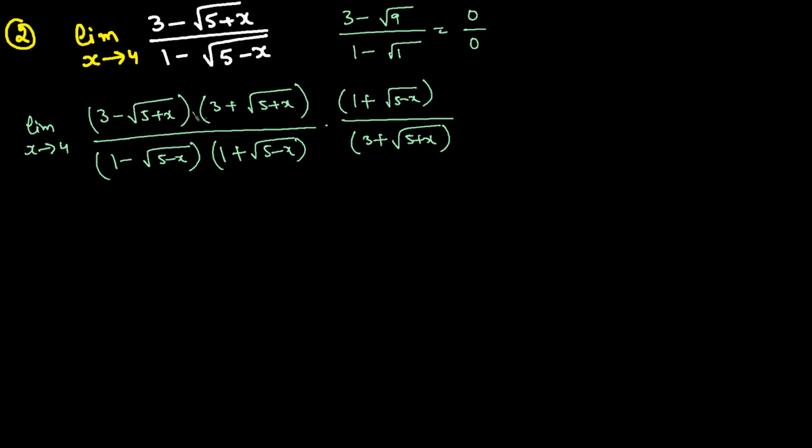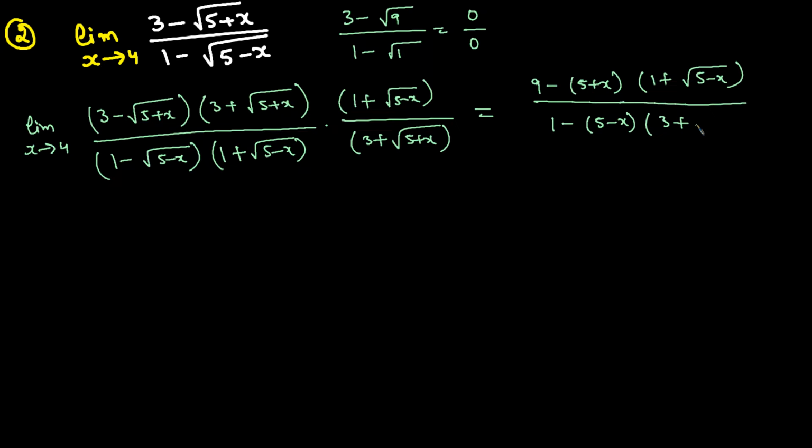Alright, now let's do some math. Again, a minus b times a plus b gives me a square, which is 9, and b square is going to be minus 5 plus x, over 1 plus root of 5 minus x, and in the denominator I have 1 minus 5 minus x, times 3 plus root of 5 plus x, and again limit x approaches 4.